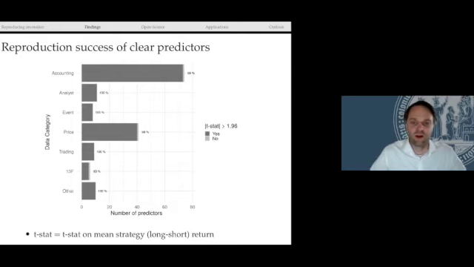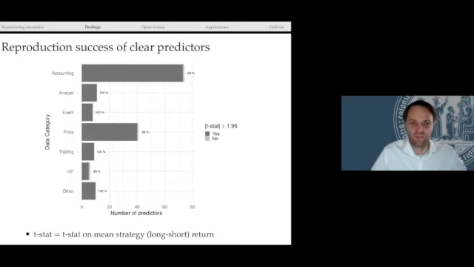You see that for the accounting category, where most of the predictors come from, and for price, almost all of them have a t-stat above 1.96. Then there are only a few exceptions in the institutional holdings category. There's one, and I think there's another one in accounting and one in price, where we're not able to get to a t-stat above 1.96. This is the t-stat on the mean strategy, the long-short return.